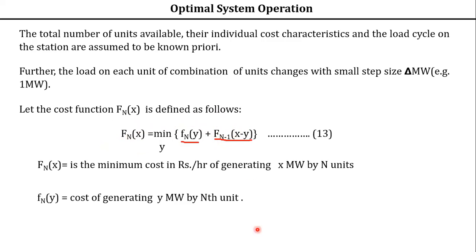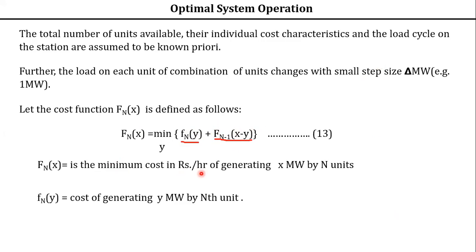Can anyone tell? Capital F or small f, it is nothing but cost of generation. So here it is capital F. How are we going to say it? Like the same thing. Okay, some answers I am getting: minimum cost of remaining units. Okay, very good. So this one is nothing but capital F. What did we write for capital F?